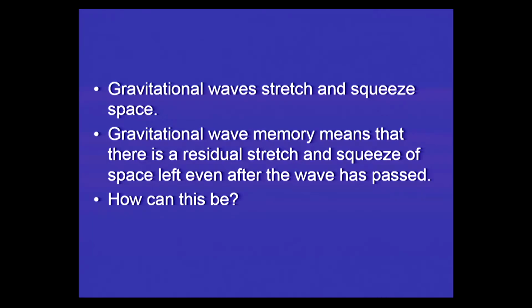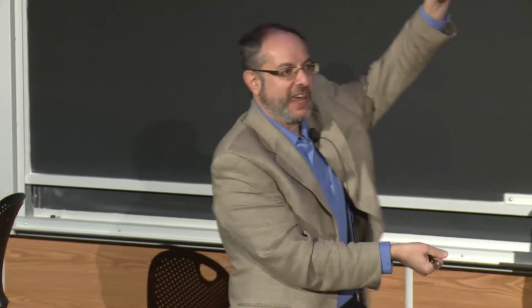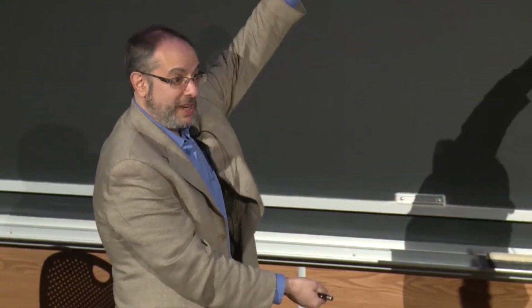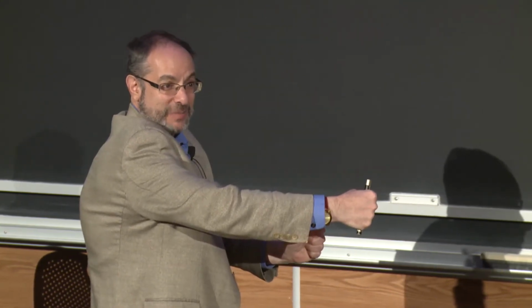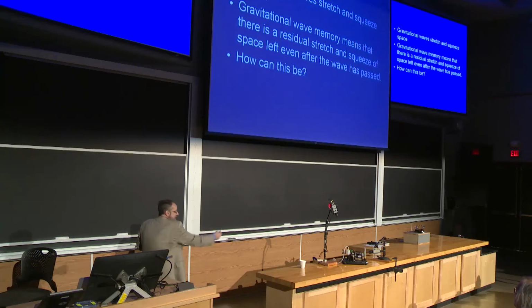Okay, so now I want to come to the sort of paradoxical flavor of this result. So what are we saying when we say that there's a gravitational wave memory? A gravitational wave comes by, and it stretches space in this direction while squeezing it in that direction. And then because it's an oscillation going back and forth, it next stretches space in this direction while it's squeezing it in that direction.